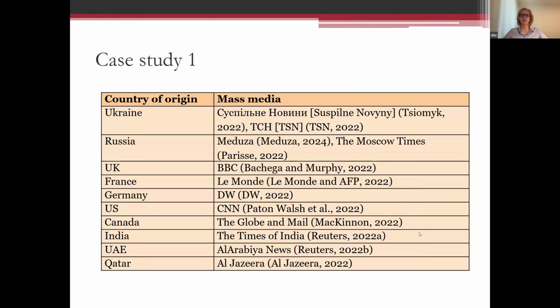On the one hand, the material that was selected was ideologically homogeneous because, apart from India, all the other countries supported Ukraine and were pro-Western and pro-Ukrainian, especially when it came to voting in the UN in support of or against Russian aggression against Ukraine. Next slide, please.